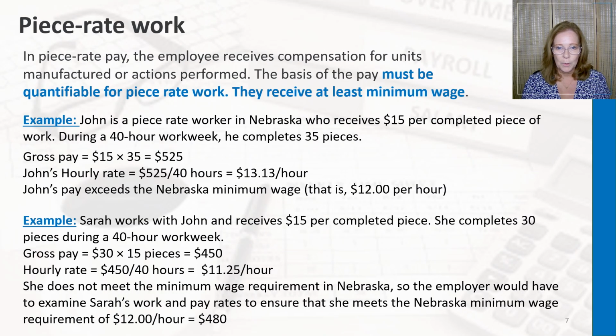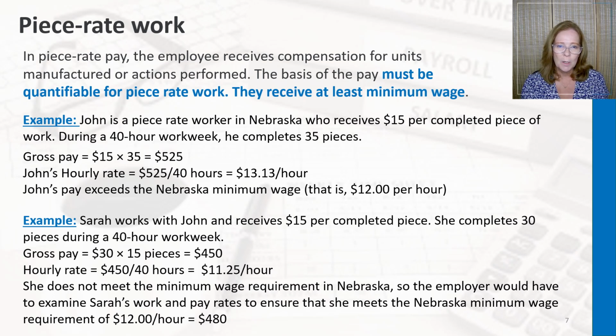What about piece rate work? It is one of the oldest pay methods, and under this pay methodology, the employee is paid based on their output. That means the employee receives compensation for units manufactured or actions performed. It could be based on number of units manufactured, but it could also be based on how many cakes you decorate or how many social media posts you generate for a company.